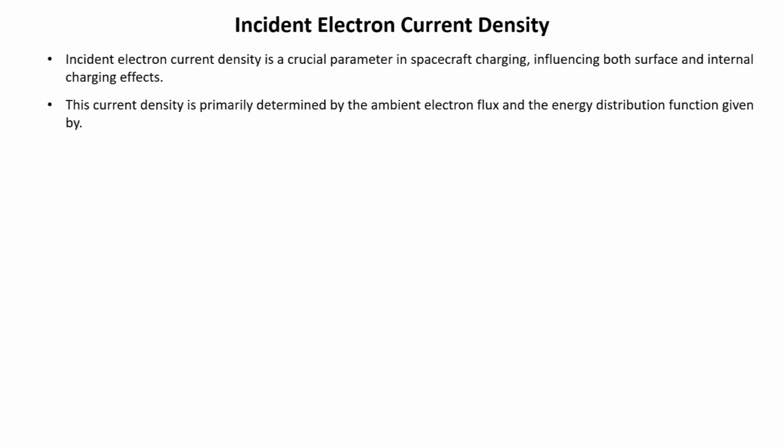So, the incident current density we can find by this equation. Here, m is the electron mass, and this is the distribution function, the Maxwell function we will use, whatever I have given in the last slide.